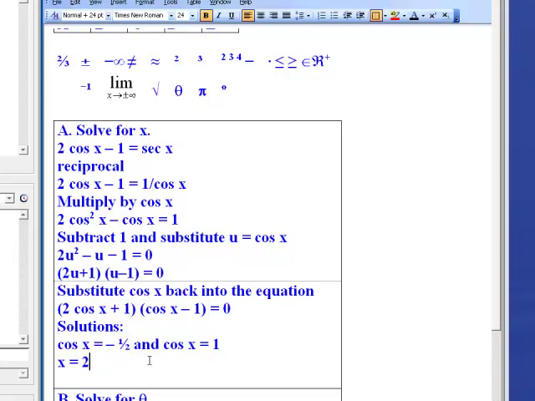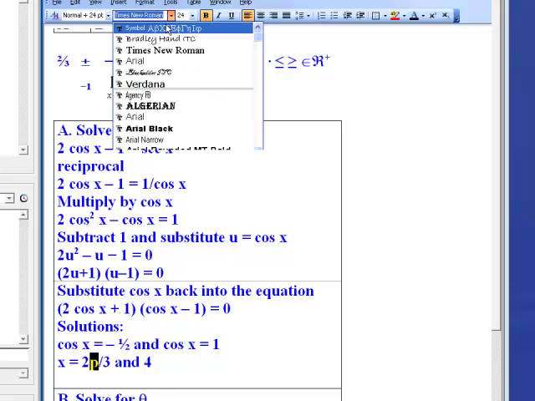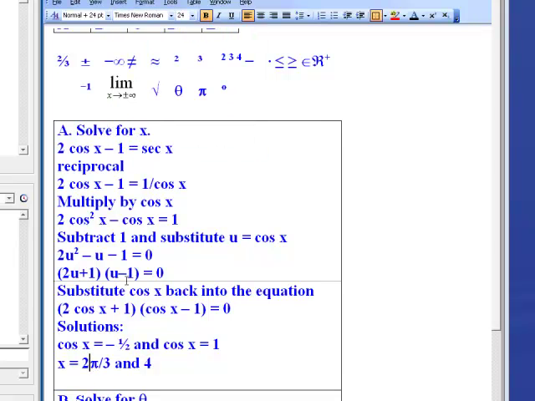So 2 pi over 3 and 4 pi over 3. And the other solution, cosine x equals 1, of course, only happens at x equals 0 radians.